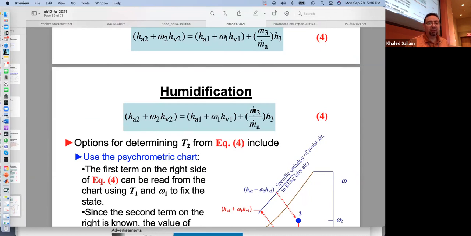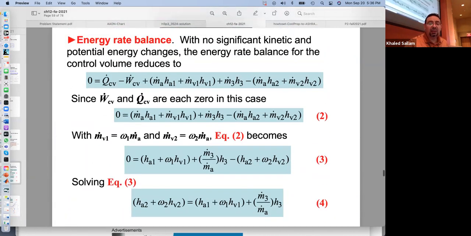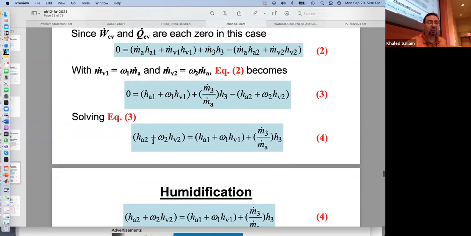For the same m dot 3, just playing with H3, hot or cold, will take T2 with it, up and down. Right? And this is nothing but simply first law, m dot H plus m dot H equals m dot H. The only thing that he did here is that thinking that m dot vapor is simply W or omega times m dot air, and then dividing the whole equation by m dot air. That's what he did. There is no magic here.